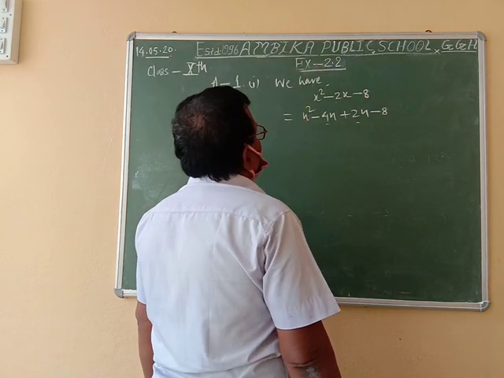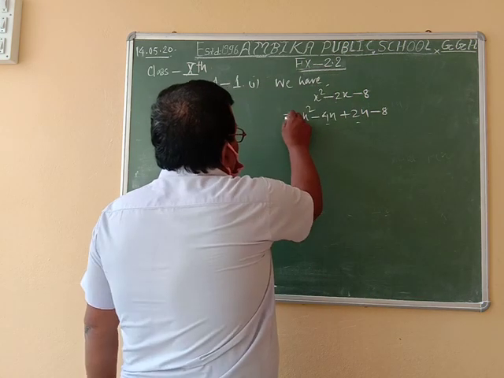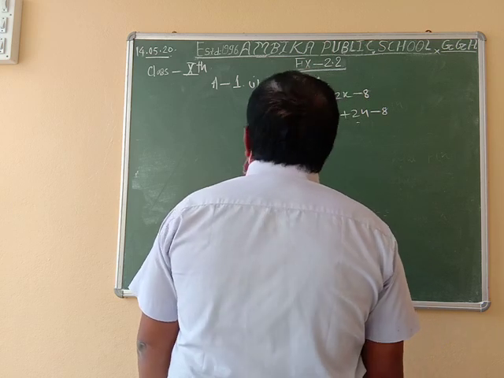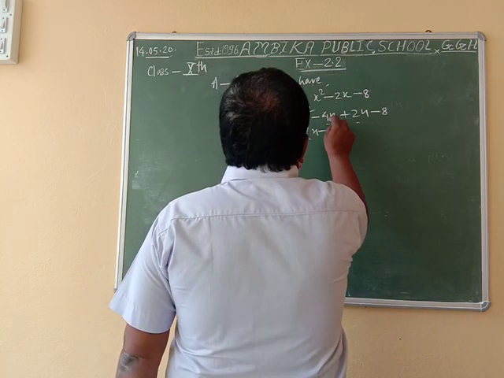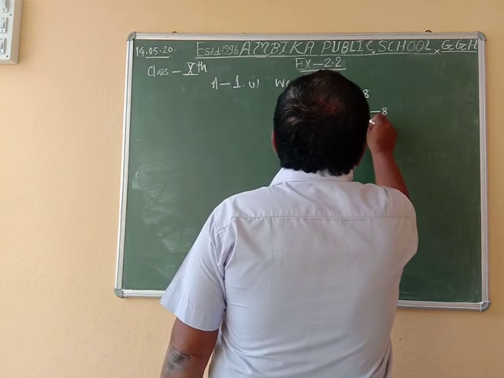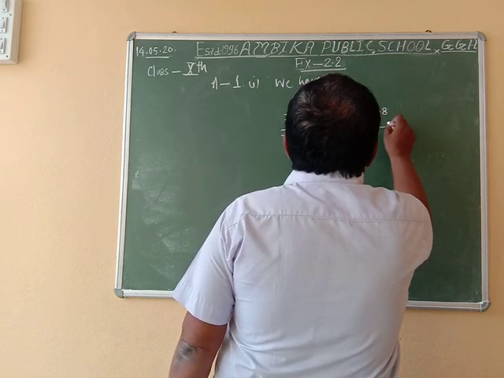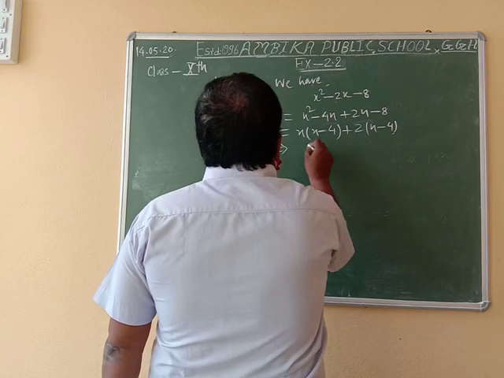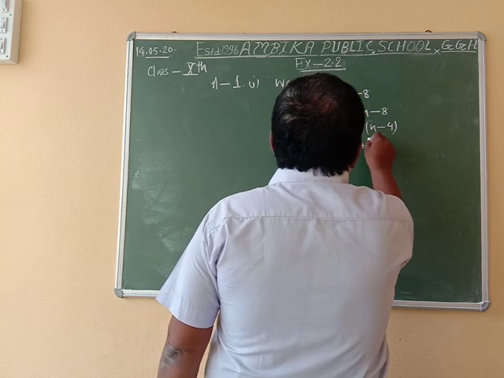So, the factorization of x square minus 2x minus 8 is equal to x square minus 4x plus 2x minus 8, is equal to x into x minus 4 plus 2 into x minus 4, that is, x minus 4 into x plus 2.